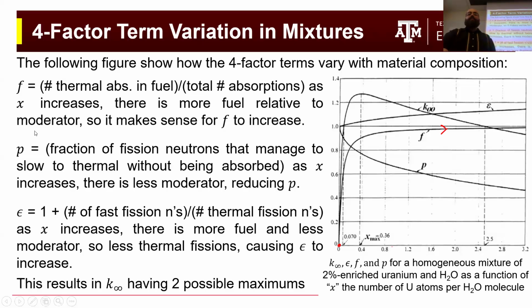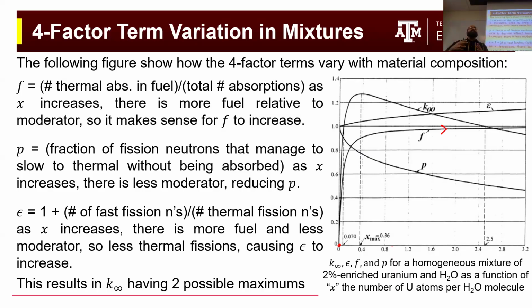P is our resonance escape probability. Notice that P actually goes down as x goes up. That makes sense too, because increasing x means we are adding more fuel and taking away the moderator.